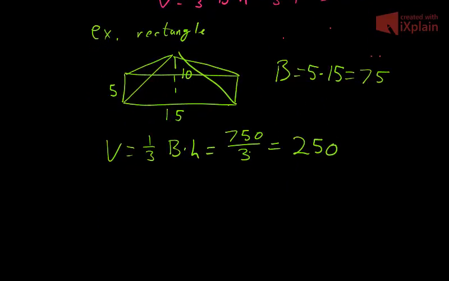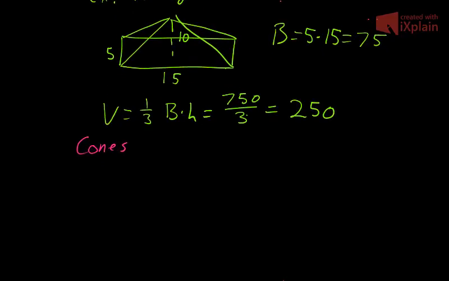So I want us to think about what these pyramids look like real quick. So we're going to move on to cones now. And we're going to think about these pyramids. What happens if I have a 12-sided base pyramid? I'm going to try to draw this. It's going to look awful.